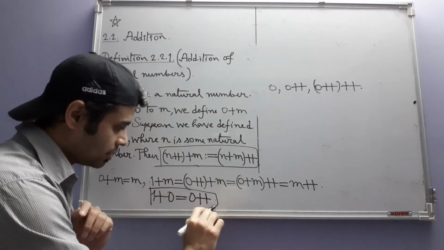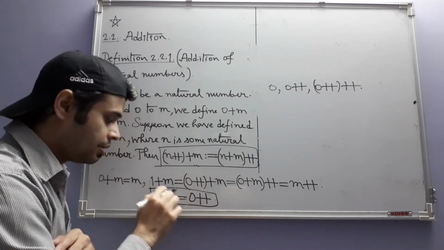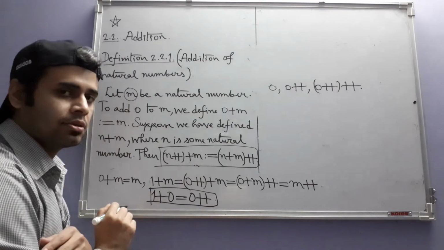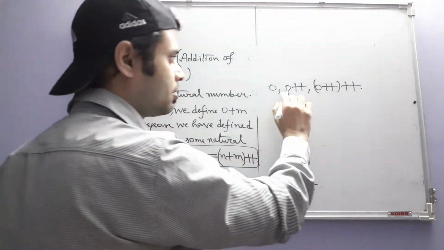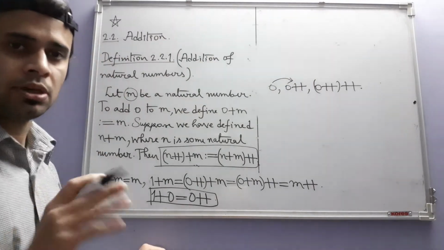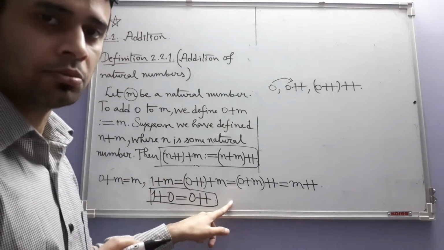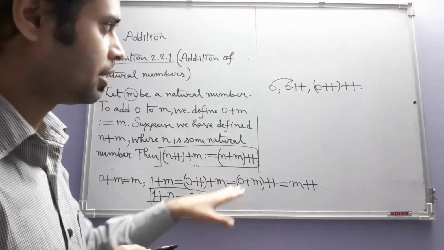What does this tell me? It tells me that the successor of 0 is actually 1 + 0. So I get the successor of 0 by adding 1 to 0. That's what we already know. But since addition was not available to me, now only it has become available.